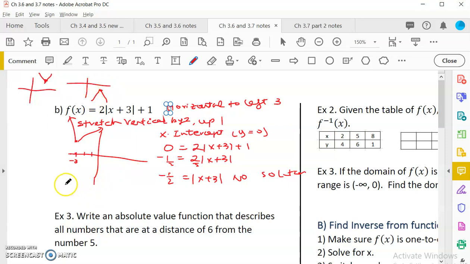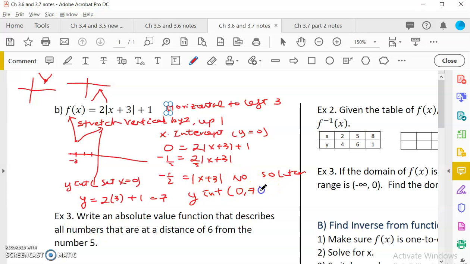How about the y-intercept? The y-intercept is when we set x equal to 0. Set x equal to 0, that means y equals 2 times 3 plus 1. It is positive, so I don't need to do the absolute value. It's equal to 7. So I do have the y-intercept, which is (0, 7).